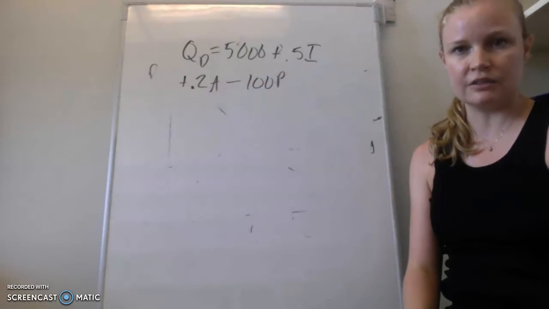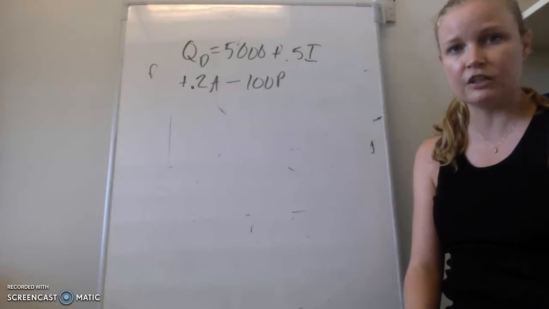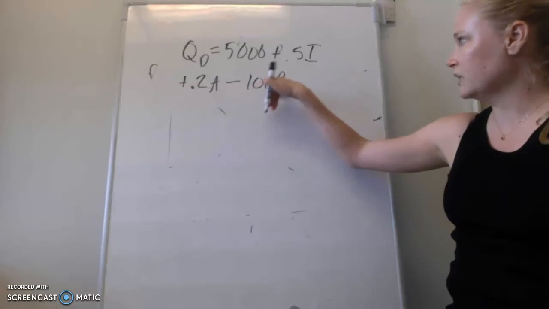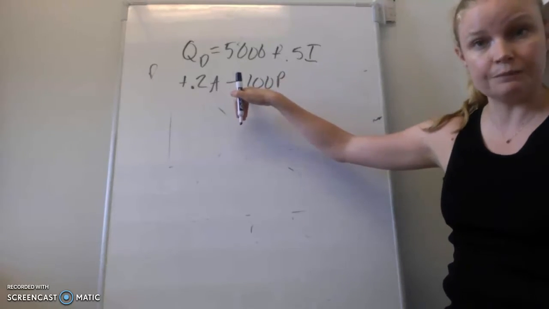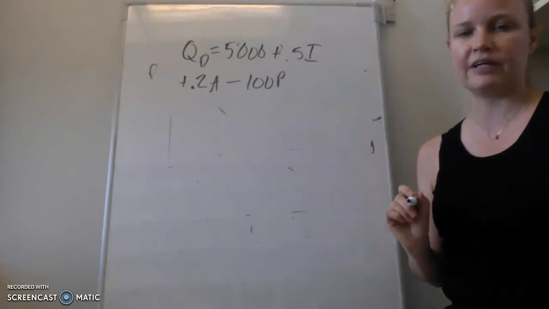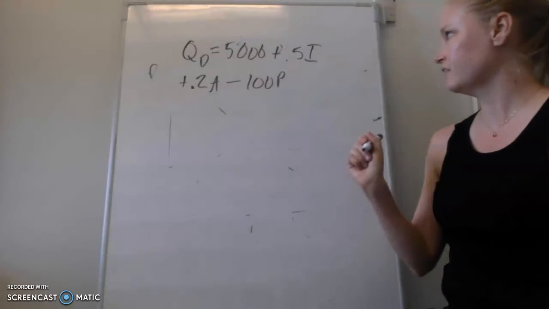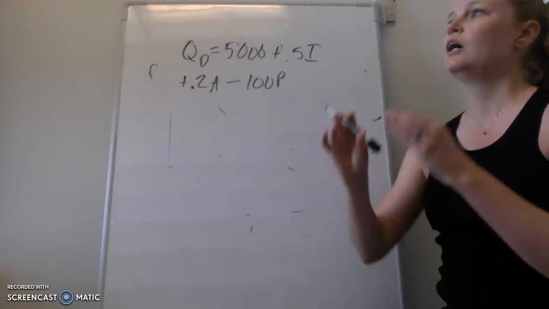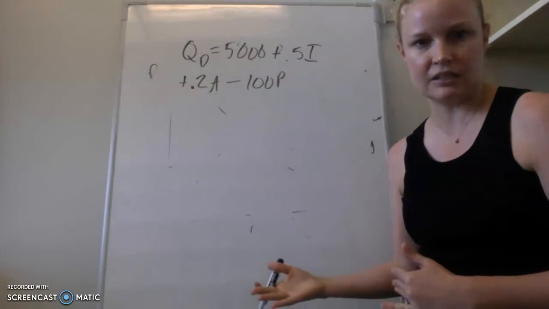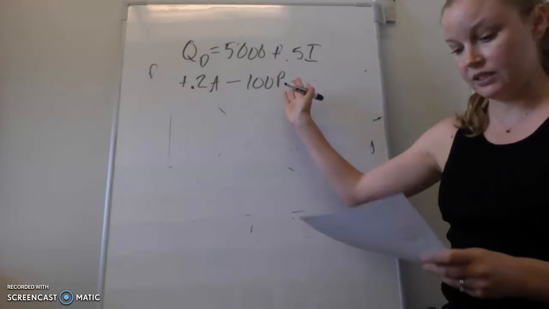So the first thing I do is I ask you to find the demand curve. Now a demand curve is only going to have one independent variable, which is price. So these are things that we hold constant when we look at a demand curve. The relationship between price of a product and quantity demanded of that product is inverse, holding other variables constant. So by holding these constant, we're literally putting values in there.